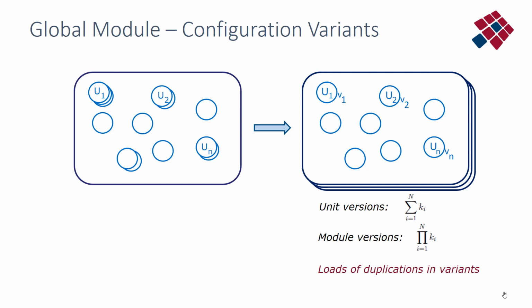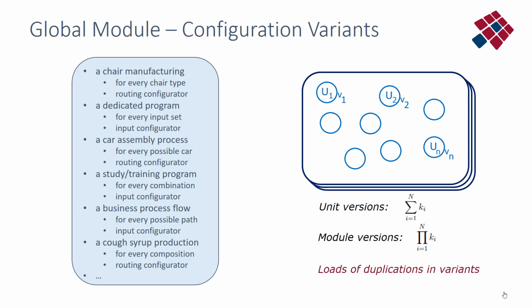We would therefore have loads of duplication in the variants, because if we take, for instance, a single variant of unit 1, it would be present in every instance that would use that variant, and that would be the product of the number of variants of all the other units, which is a huge number. So that's also not ideal. We would have a chair manufacturing unit for every chair type. We would have a dedicated program for every input set of configuration, etc.